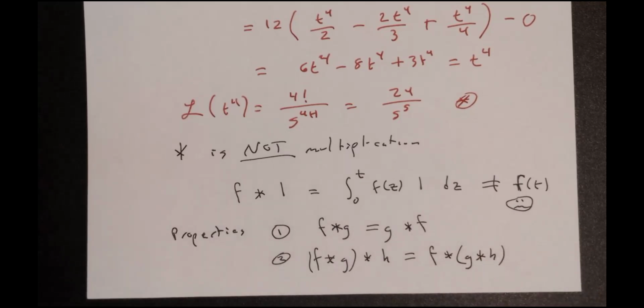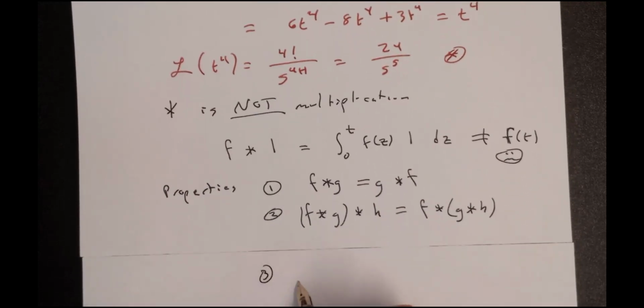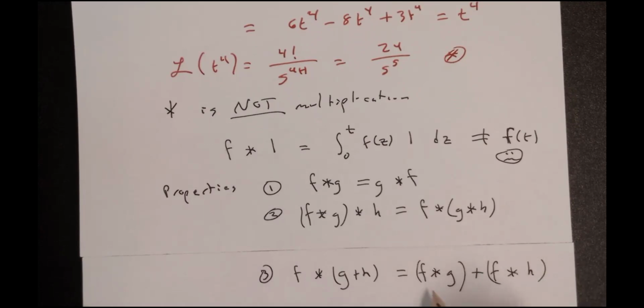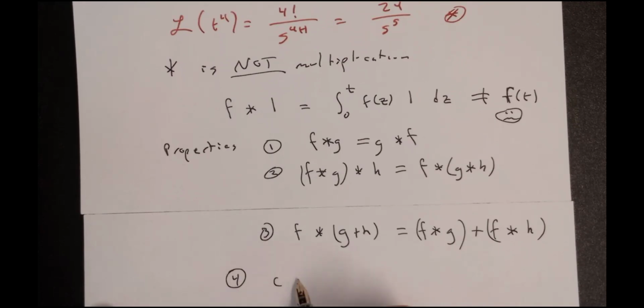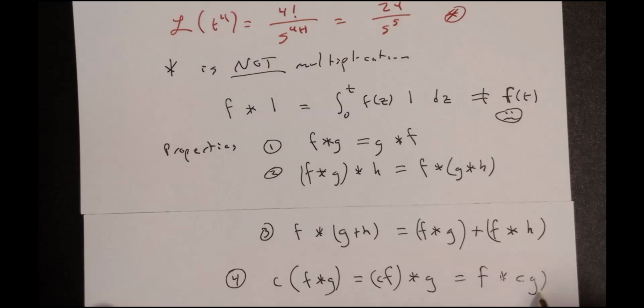It distributes like multiplication does: f star the quantity g plus h is f star g plus f star h. And if I have a constant, I can put the constant wherever I want. C times the convolution f star g is the same as cf star g is the same as f star cg.